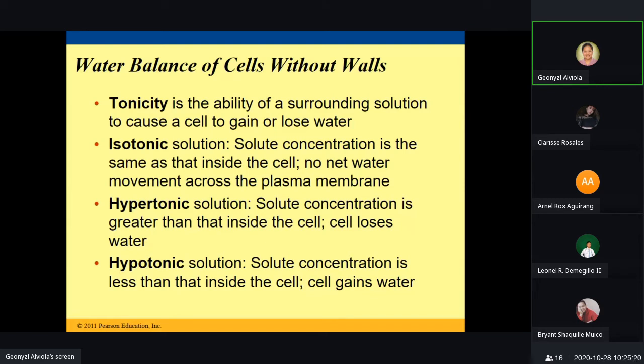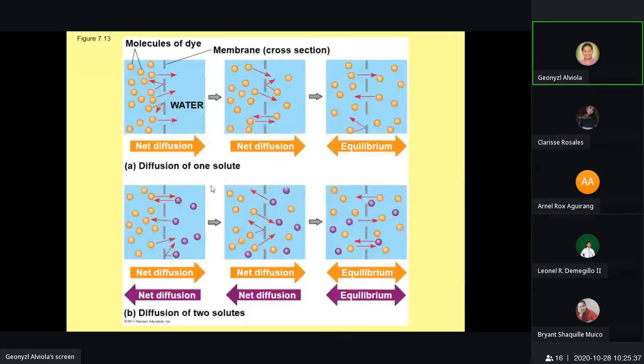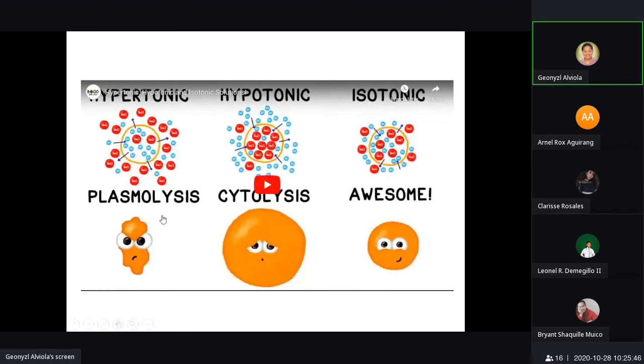Magsishrink siya. Kasi dili man equal ang paggawas sa tubig compared sa pagsulod. So, magsishrink ang iyang size. Unsay tawag sa shrinking of the cell? Plasmolysis. Plasmolysis. Okay, that is the reaction sa cell.